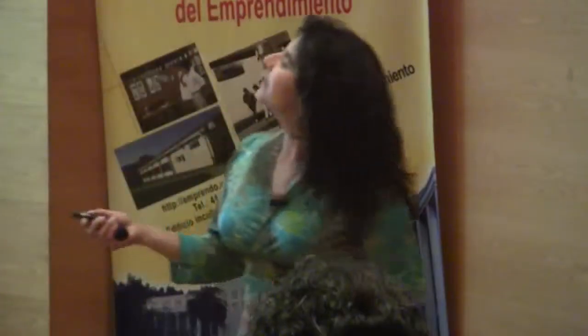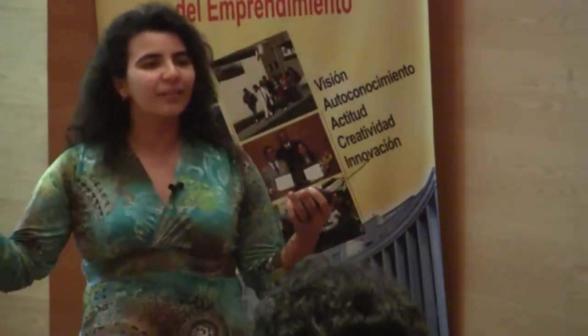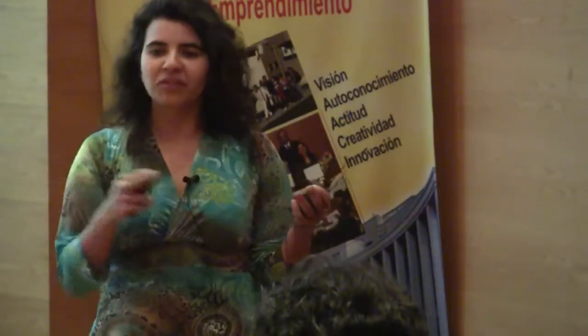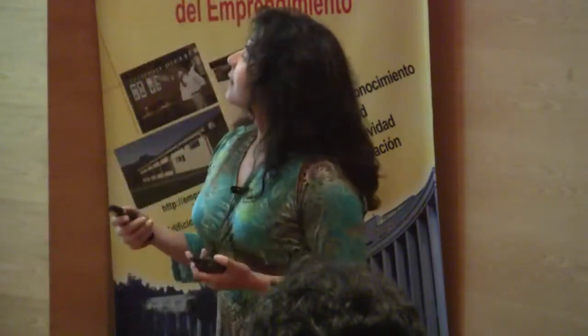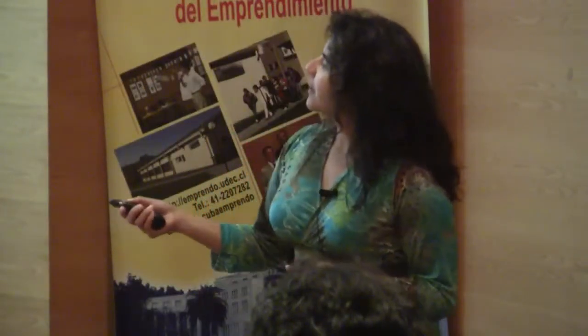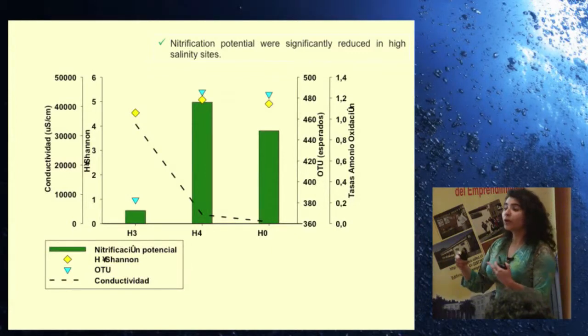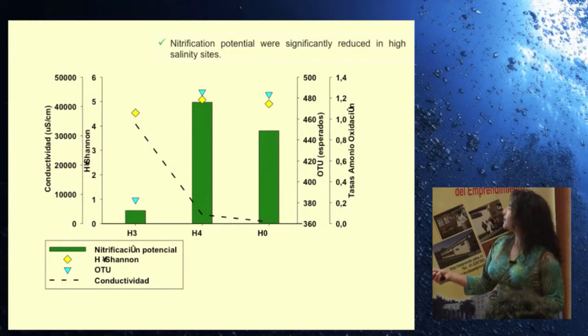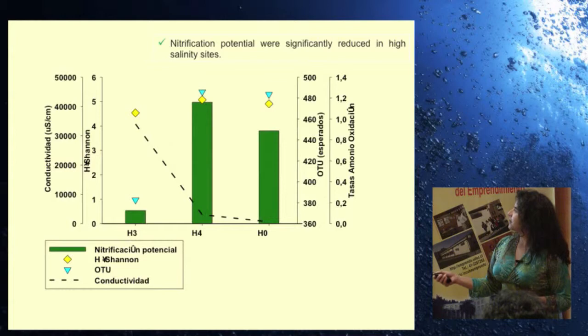Well, in the first campaign, where I told you that ammonium was not a significant variable among the different sites, we evaluated the potential nitrification compared to this richness. For example, for the site H3, which is the main lagoon, we have a decrease in the nitrification potential. This zone had a low richness.